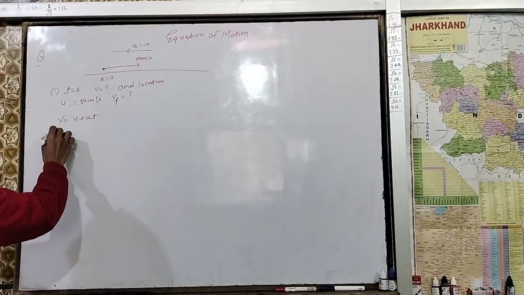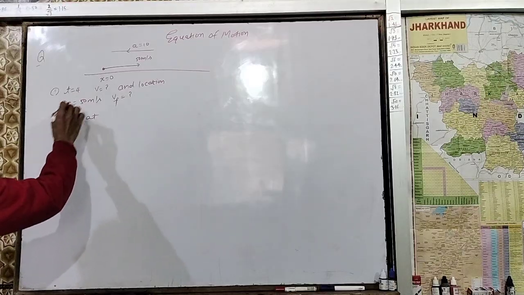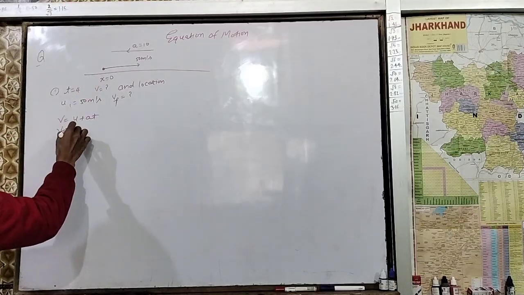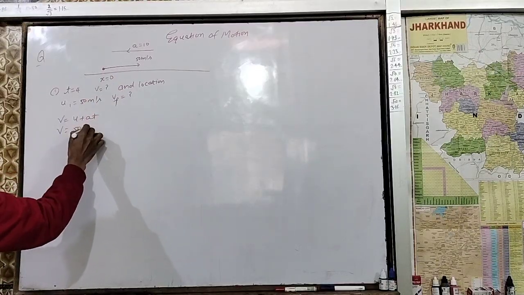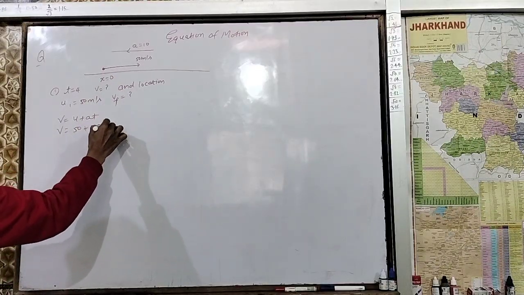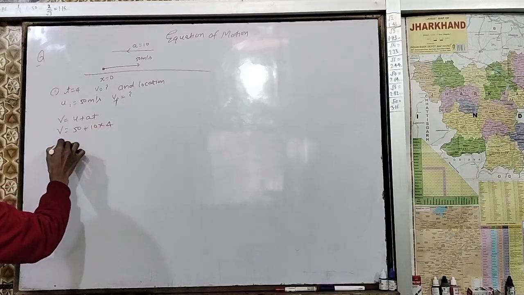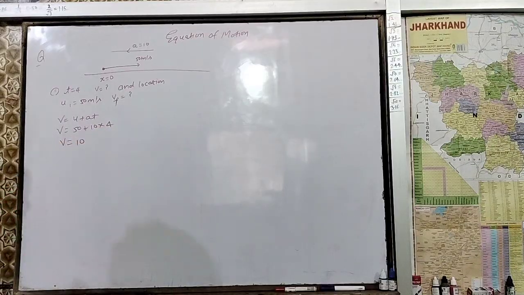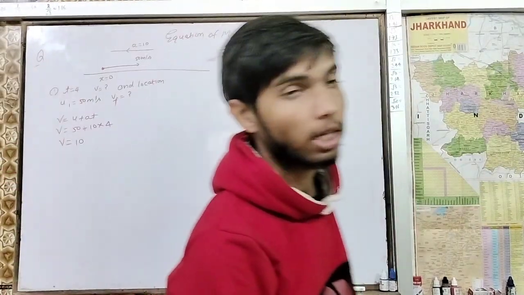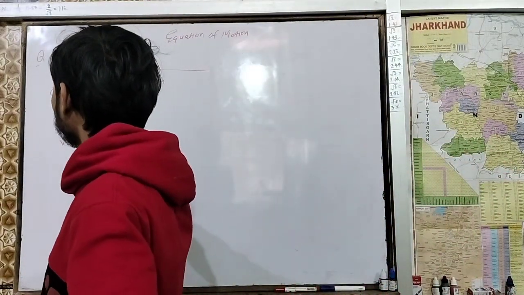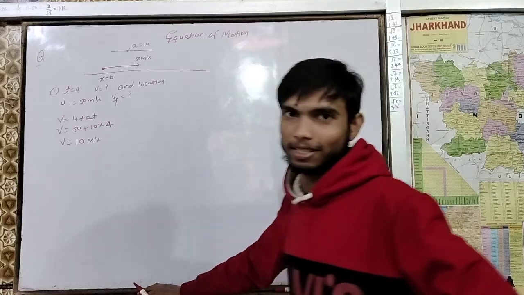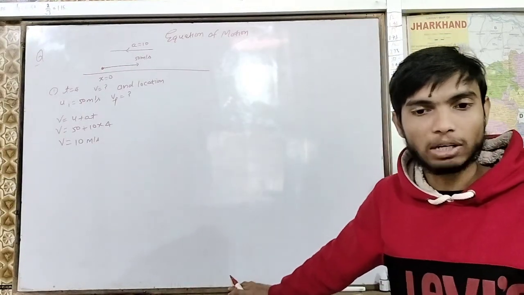The final is not given; that is what we have to calculate. The initial velocity is given, which is 50. a is minus 10 and time is 4 seconds. So velocity came out as 10 meter per second.